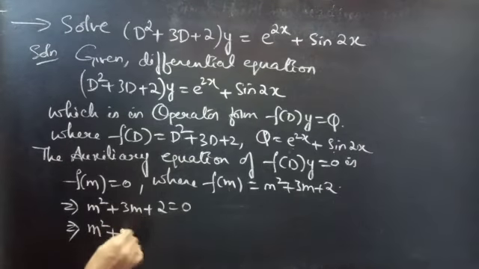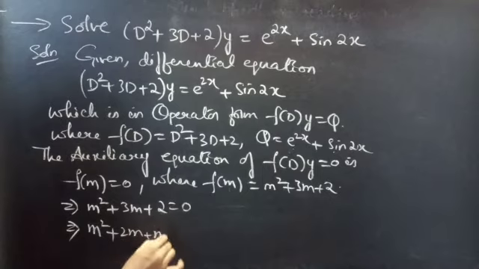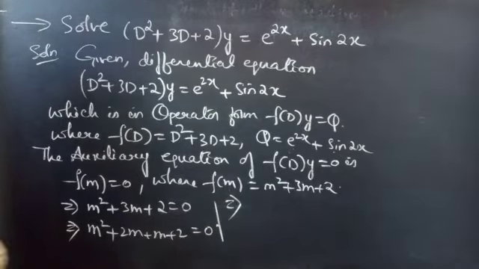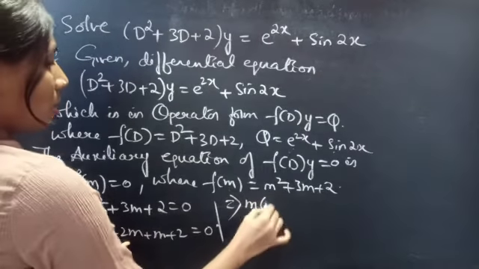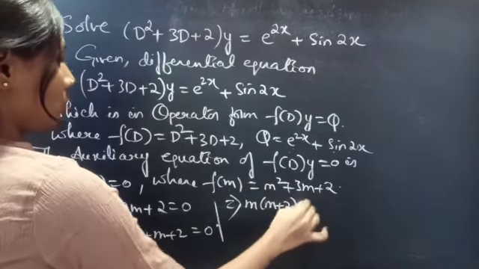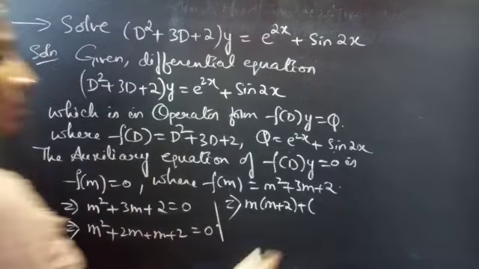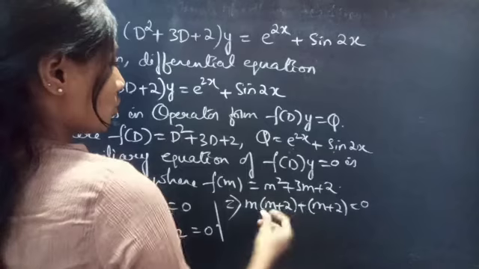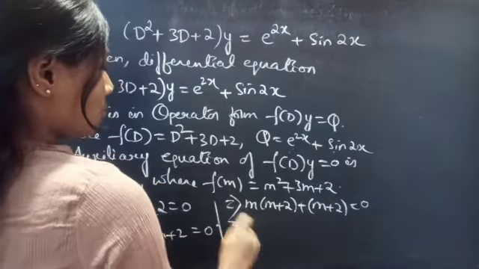Let's split 3m as 2m plus m, plus 2 equals 0. Now take m common from the first two terms, you'll get m into (m plus 2), and write the next two terms as they are. You'll notice you're having m plus 2 in both the terms. So let's take m plus 2 common.